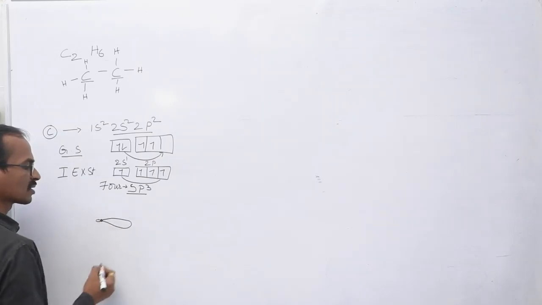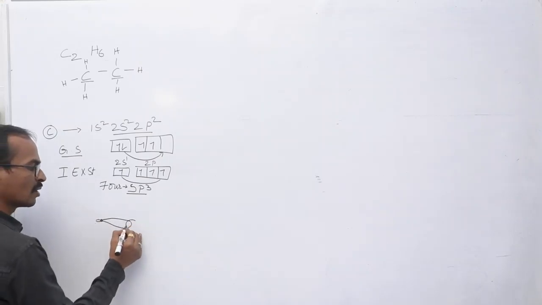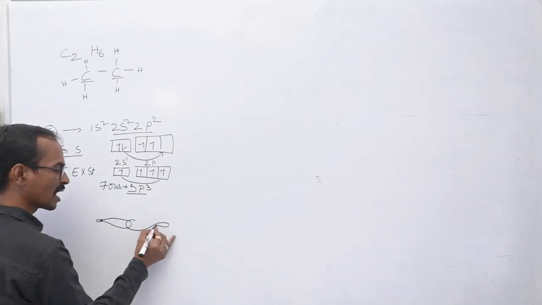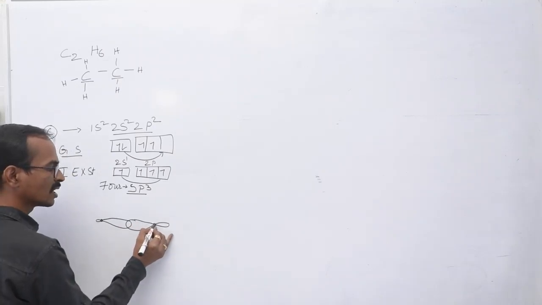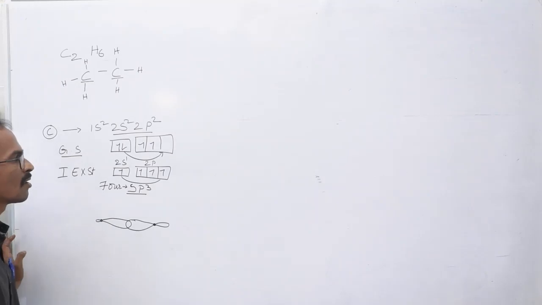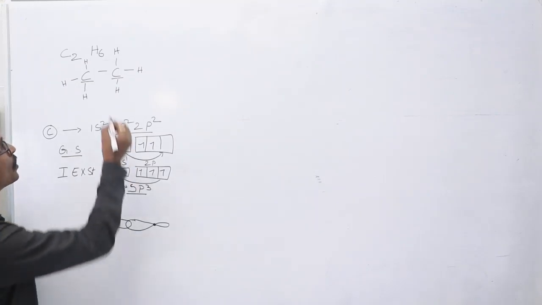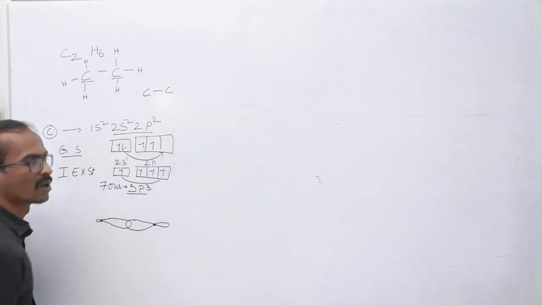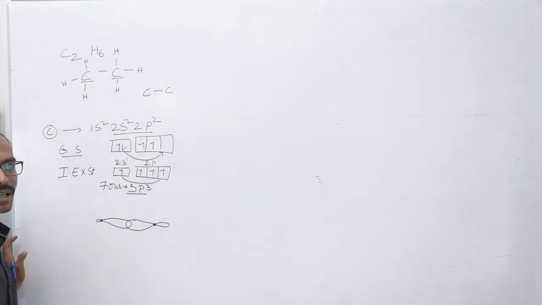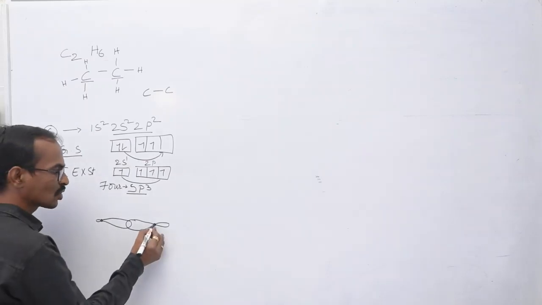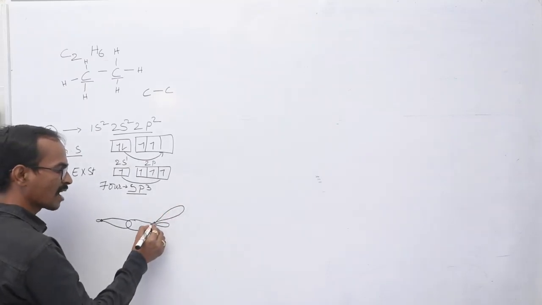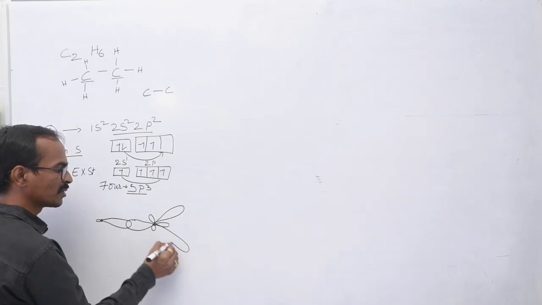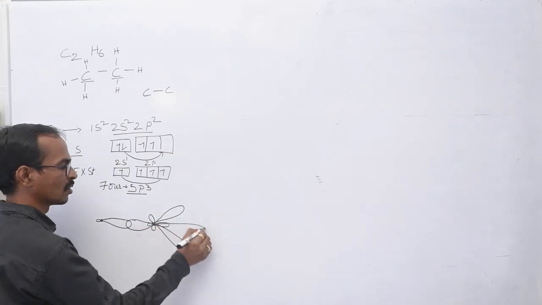Then what happens? The sp3 hybrid orbital of one carbon atom overlaps with the sp3 hybrid orbital of another carbon atom to form one carbon-carbon sigma bond. One carbon-carbon sigma bond is formed there. And then on each carbon atom we have 3 sp3 hybrid orbitals.